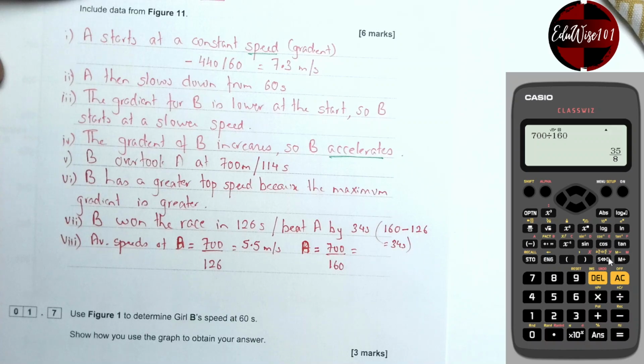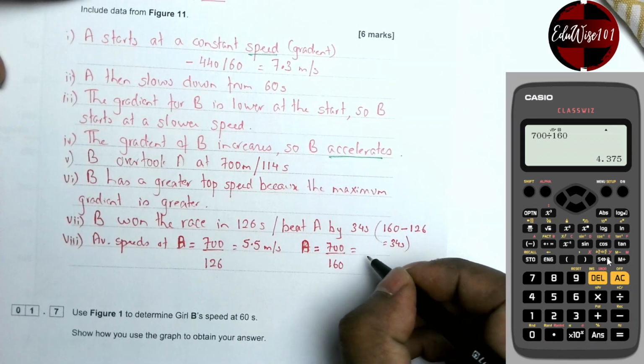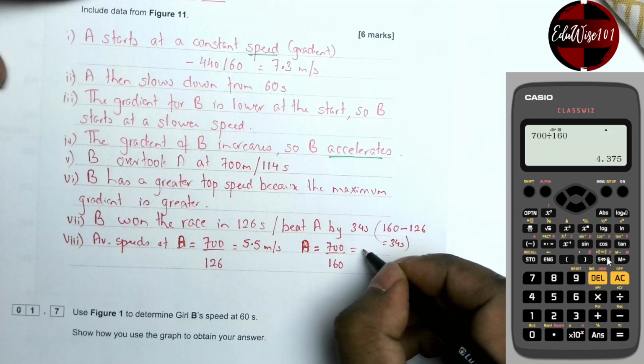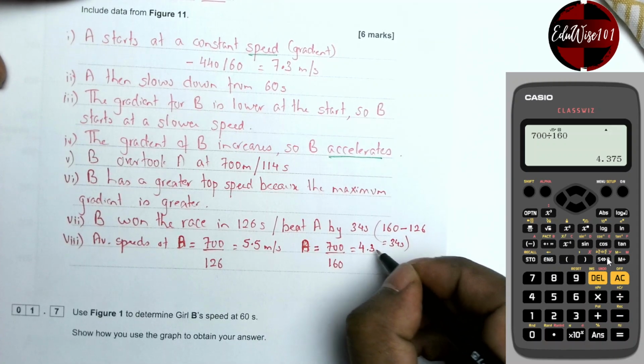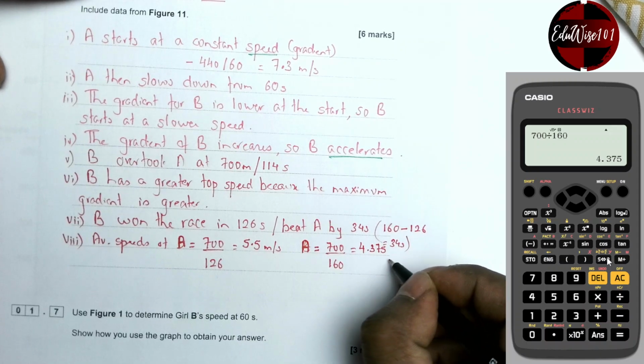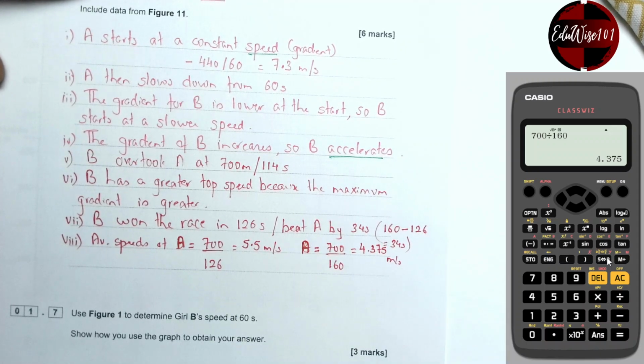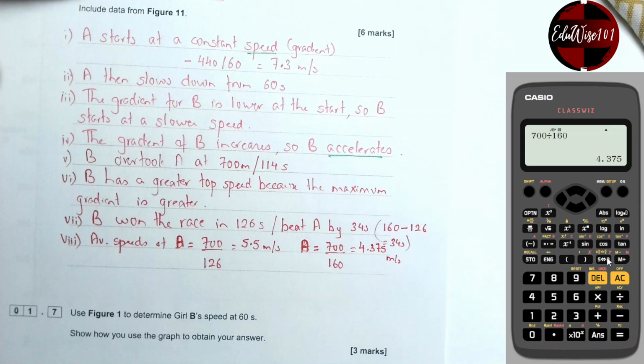That gives me 4.375 meters per second. So the average speed of B is actually bigger than the speed of A.